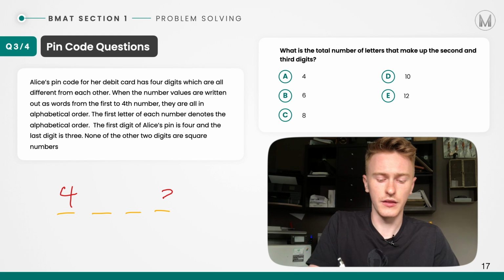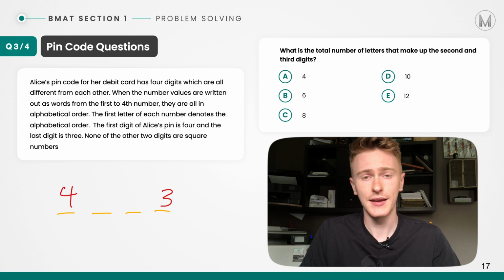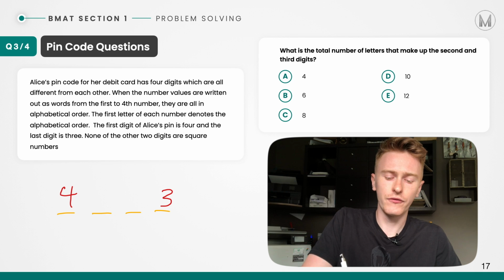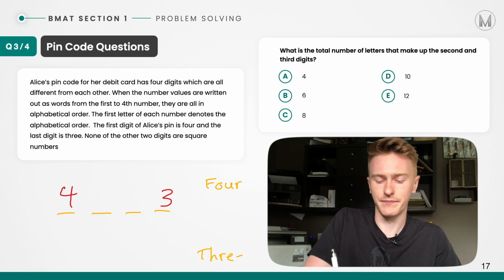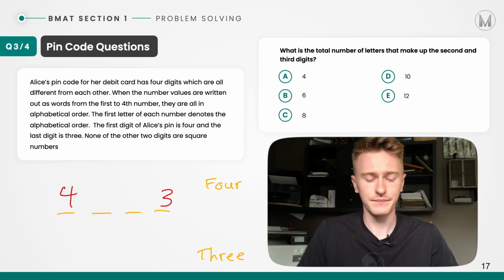4 and 3. Now, not only is their numerical value important, it's also how they're written out as words. If we write them out, 4 is our first one, and 3 is our last one. We know that we're going to go in alphabetical order. So let's work it out. We know that none of the other digits are square numbers.